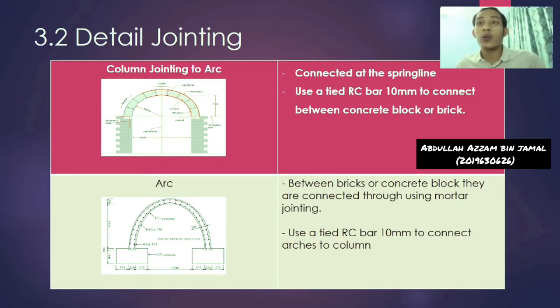And then we will go to the detail jointing of the arch, which is they used a tie RC bar 10 mm also to connect the arches to the column. Between the bricks or concrete blocks, they are connected using mortar jointing.